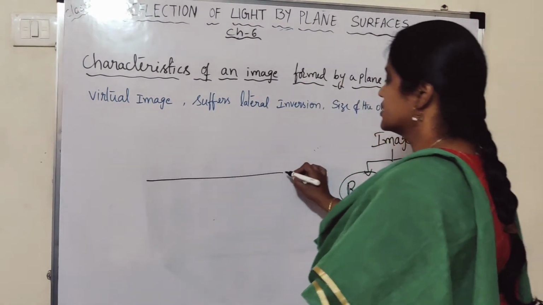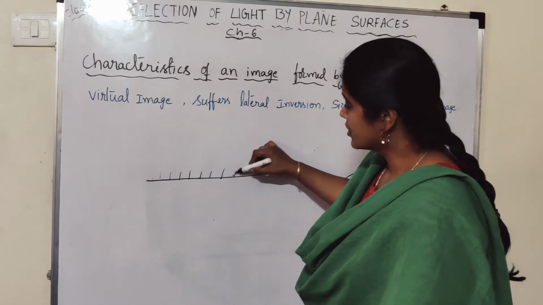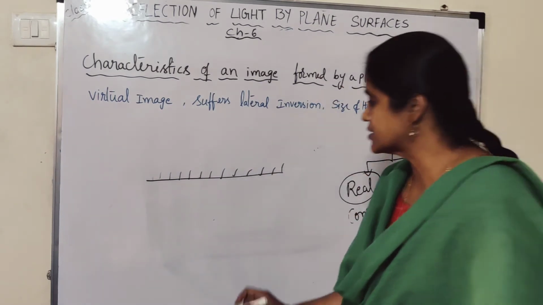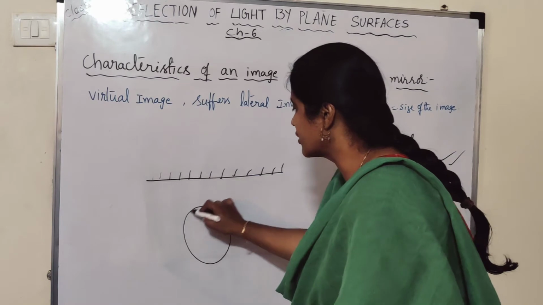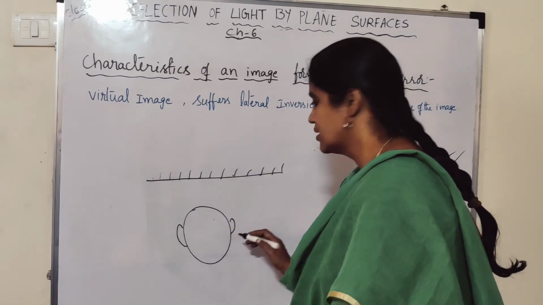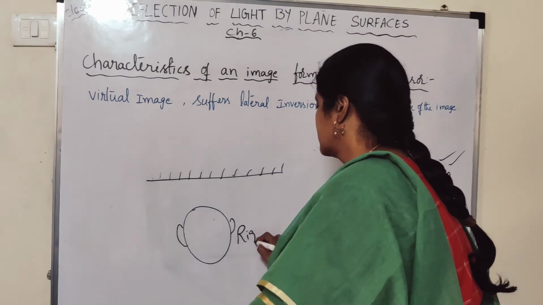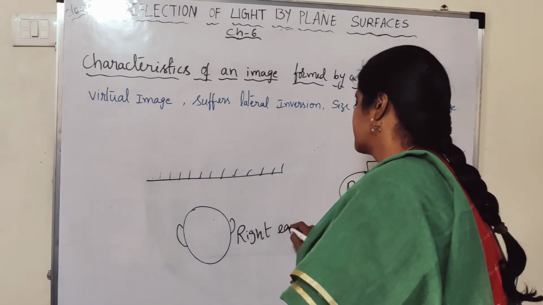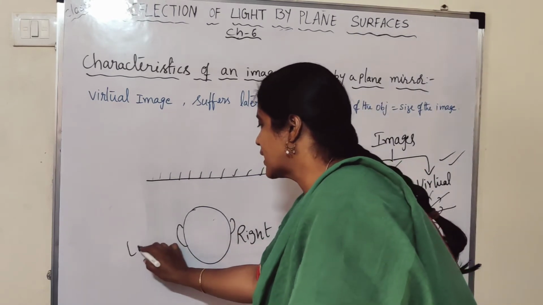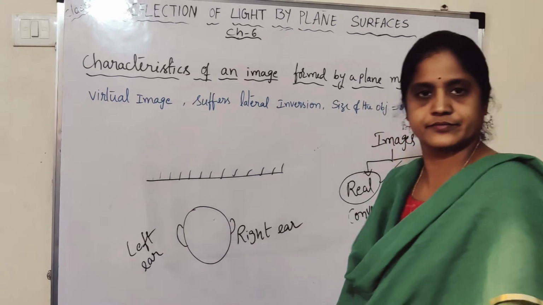Suppose this is the plane mirror, and this is the reflecting surface. In front of the mirror, suppose a person stands, and this is my right ear and this is my left ear.